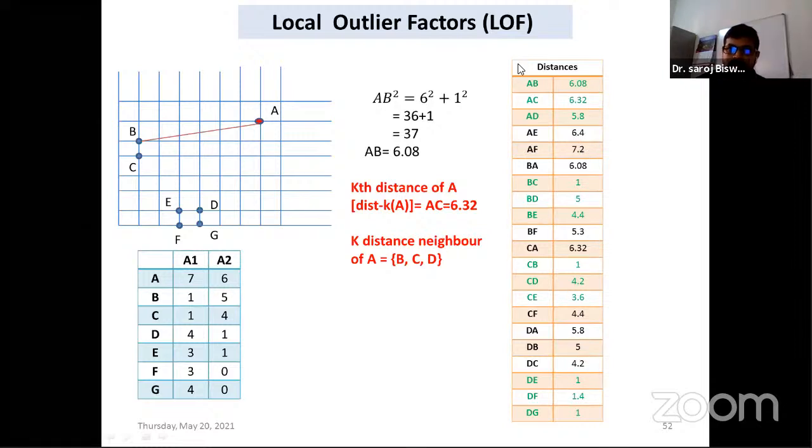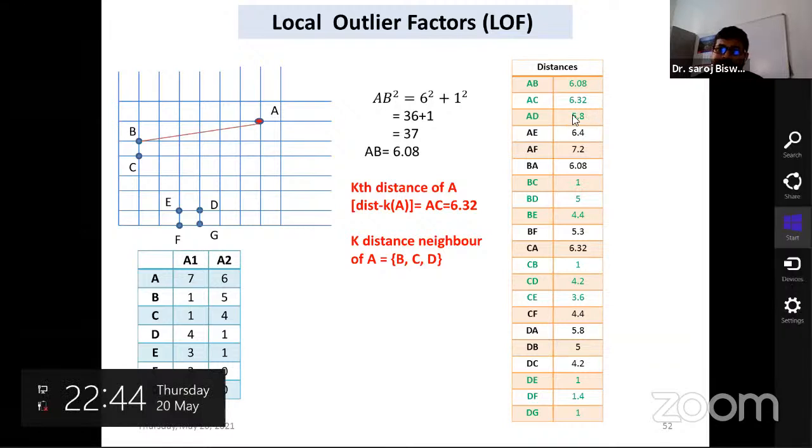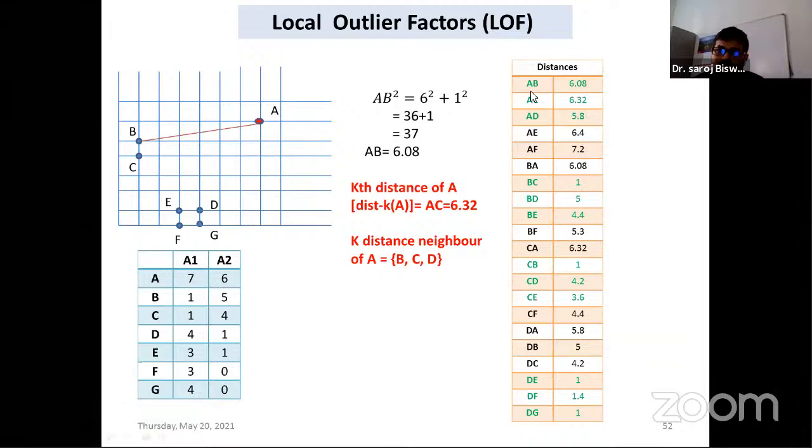So here from A to B, A to C, A to D, A to E, A to F. Out of all those, because we are interested in the value of K equals 3, the 3 nearest neighbors are colored here as green. All 3 nearest neighbors of A are colored green here, you see.